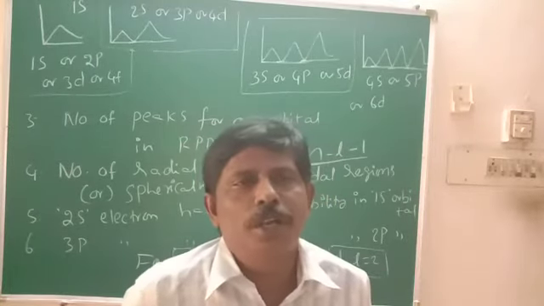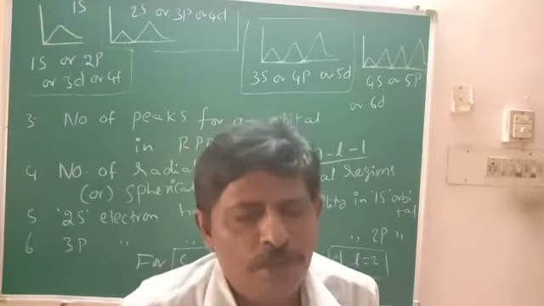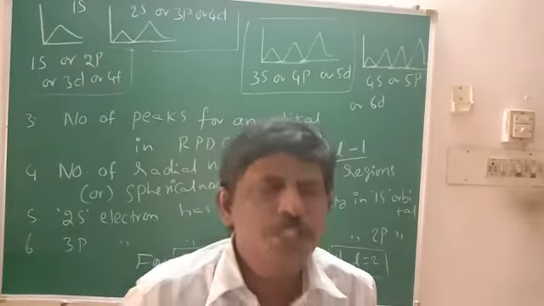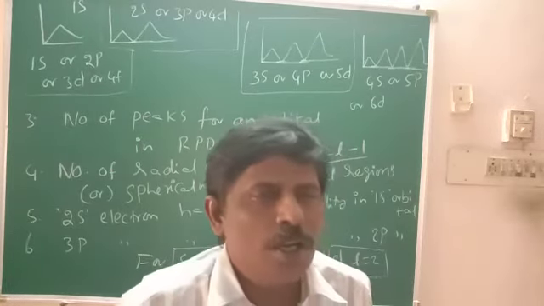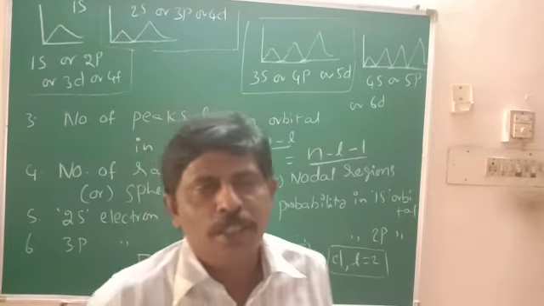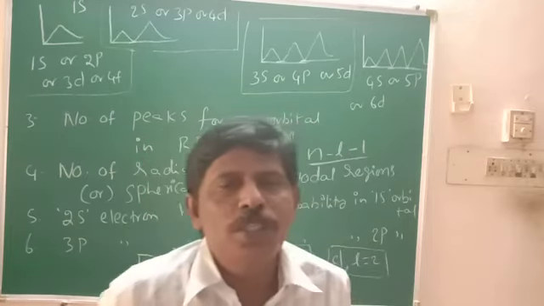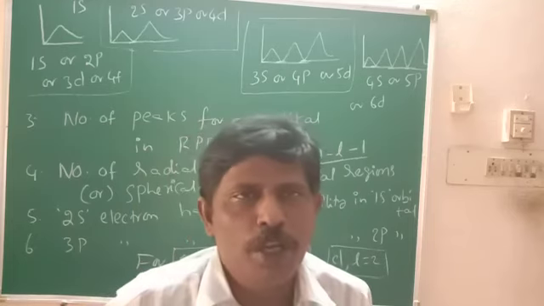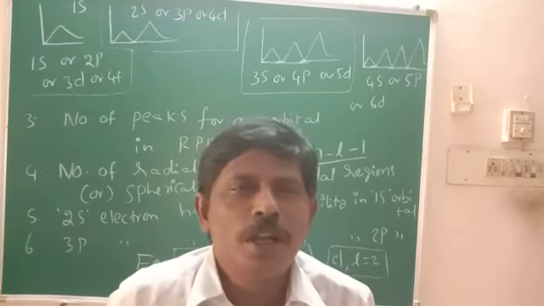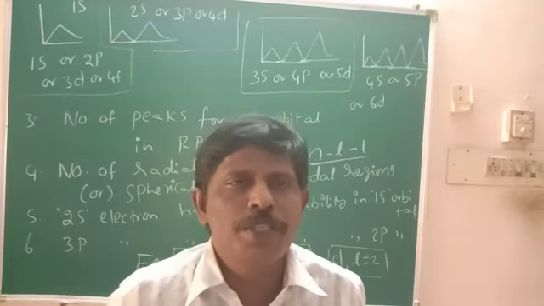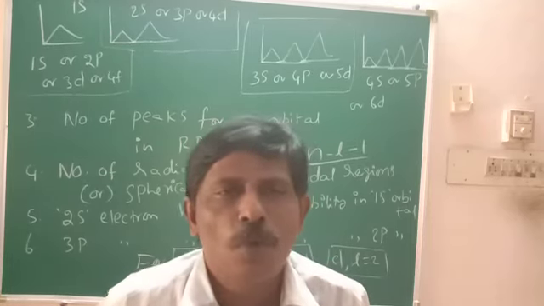For the 2s orbital, the probability of finding the electron is maximum at which distance? 2.6 angstroms. And in the 2s orbital curve we can understand one thing: the 2s electron has some chances at the 1s orbital also. Between the 1s orbital and the 2s orbital, there is a radial node for the 2s orbital at a distance of 1.1 angstroms.